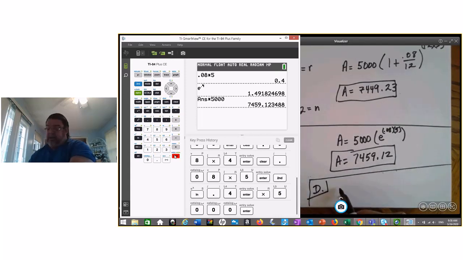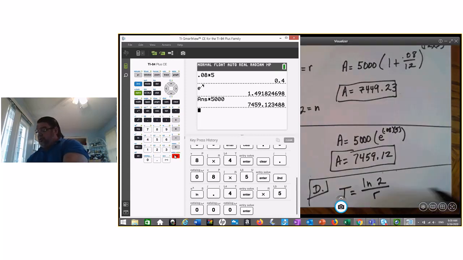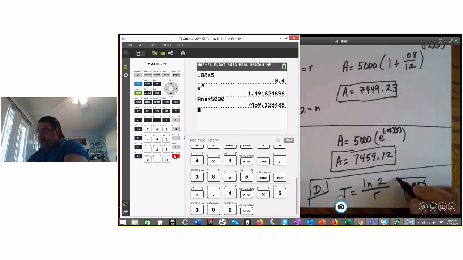You do T is equal to the natural log of 2, because it's doubled, over R, which is the rate. And that tells you how many years it'll take you to double your investment.